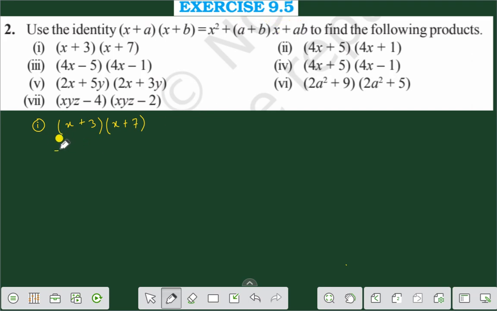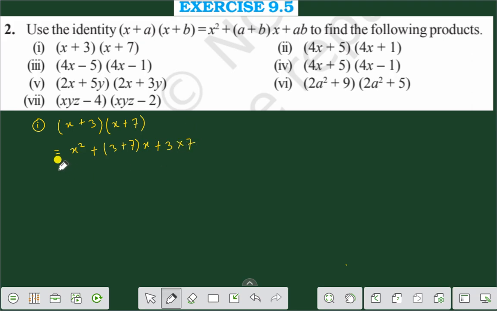That is equal to x² + (a + b)x + ab, where a is 3 and b is 7. Therefore, (3 + 7)x + 3 into 7.